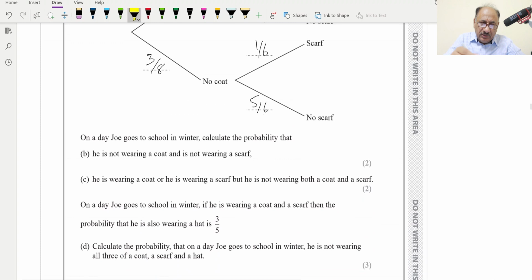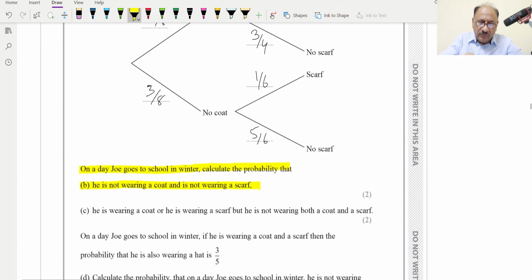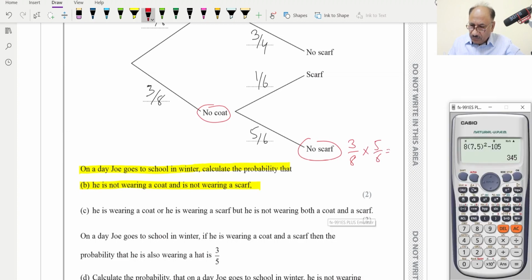Now the second part, part B: on a day Joy goes to school in winter, calculate the probability that he is not wearing a coat and is not wearing a scarf. So not wearing a coat and not wearing a scarf will be this branch. So it will be 3 over 8 multiplied by 5 over 6.